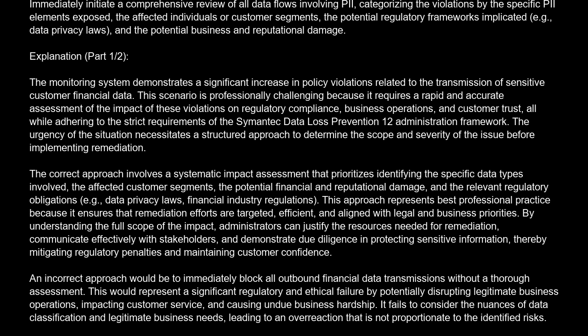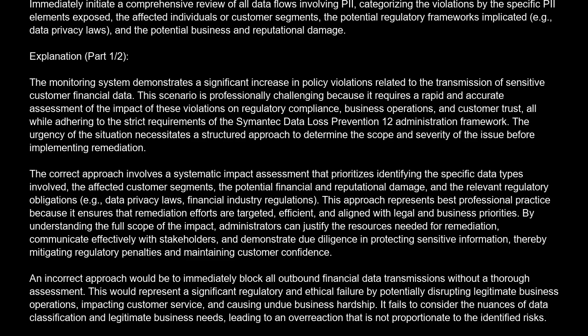This approach represents best professional practice because it ensures that remediation efforts are targeted, efficient, and aligned with legal and business priorities. By understanding the full scope of the impact, administrators can justify the resources needed for remediation, communicate effectively with stakeholders, and demonstrate due diligence in protecting sensitive information, thereby mitigating regulatory penalties and maintaining customer confidence.